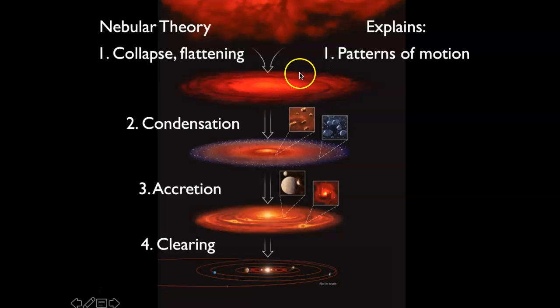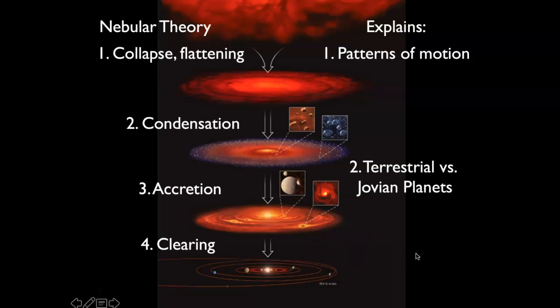It doesn't have to be counterclockwise, but our blob of gas just so happened to be spinning counterclockwise, and then the conservation of momentum means that it's just going to keep on spinning counterclockwise. And then as the planets accreted and formed, they just kept on moving counterclockwise because that was their inertia.